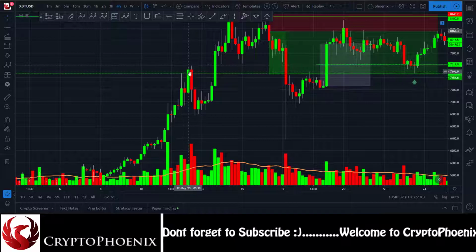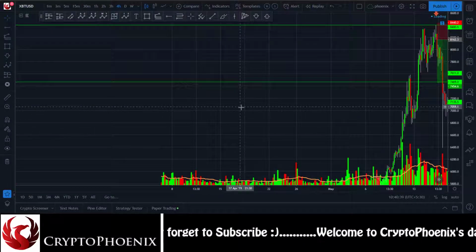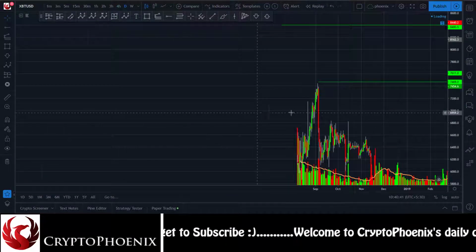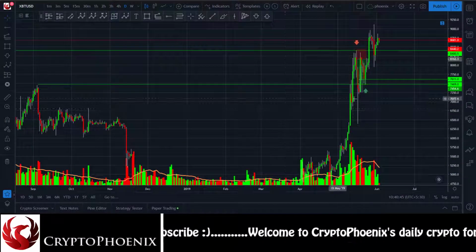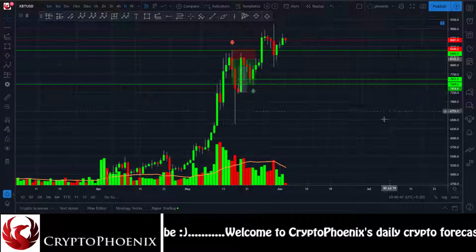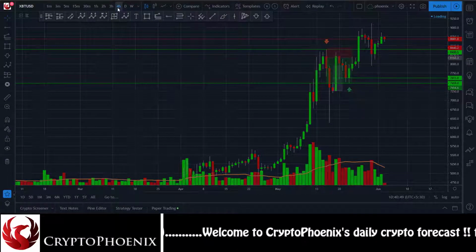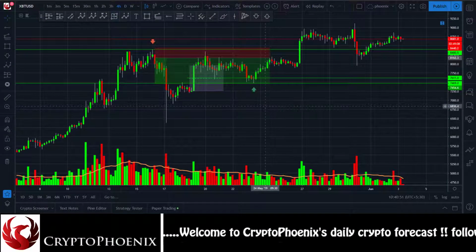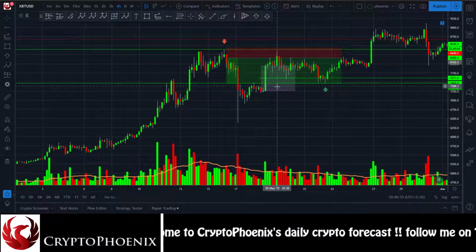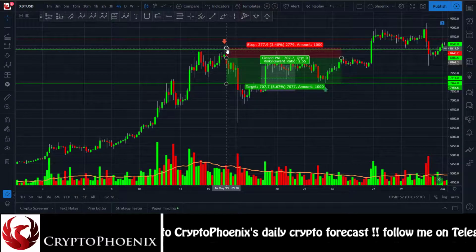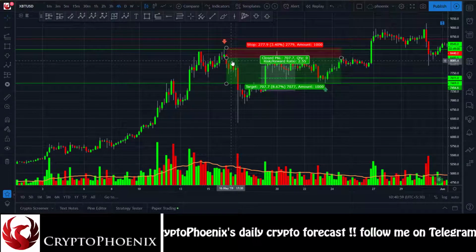You can look that this resistance was right from this price range, and you can target up to that price range. And hence you get 80% of gain. So sorry guys.